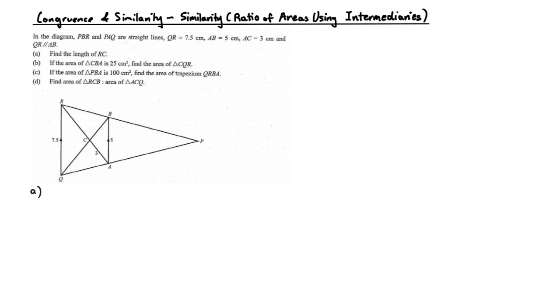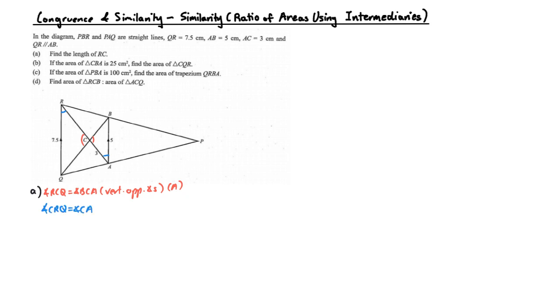Okay, so to prove they are similar, first we say that these two angles are the same. So angle RCQ equals angle BCA. This is vertically opposite angles. So that's A. And because they are parallel, these two are the same, alternate angles.